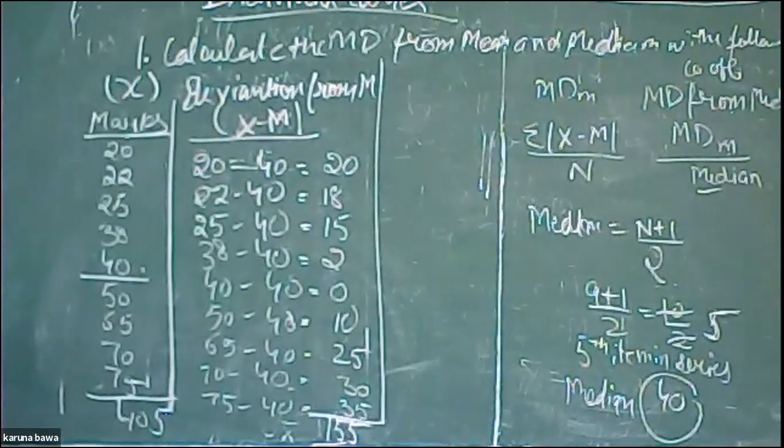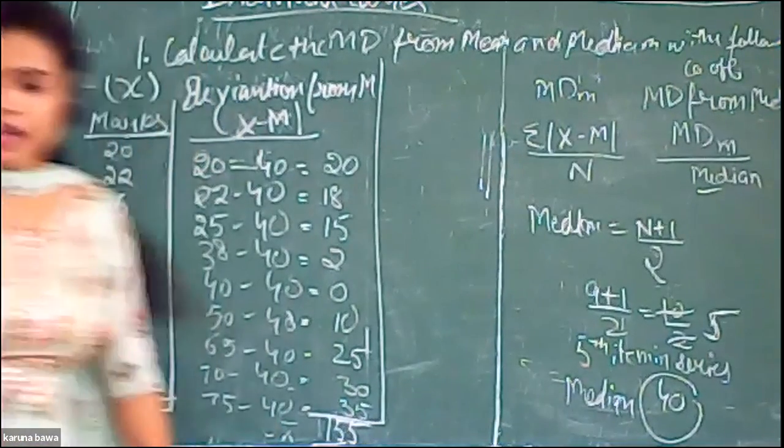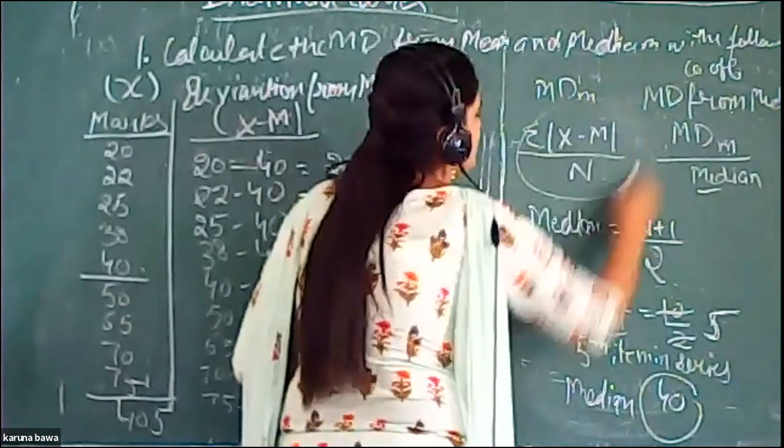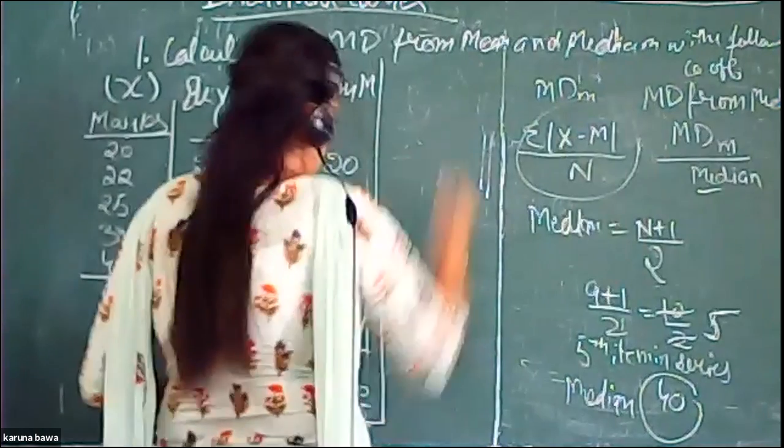So basically, firstly we find out the value of deviation, mean deviation from median.